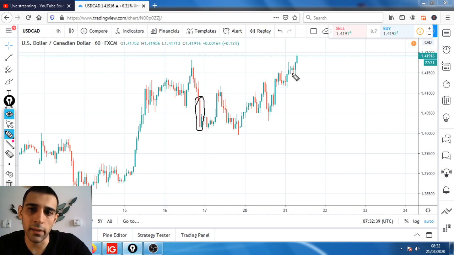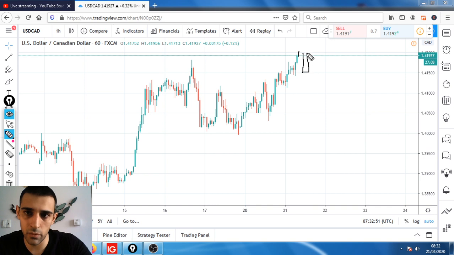So let me just draw it better. Let's say the price pushes up a bit higher, and then on the next hour we see a bearish candle like this. I would definitely not be getting onto the long side, and I would be observing to see what the price is going to do.